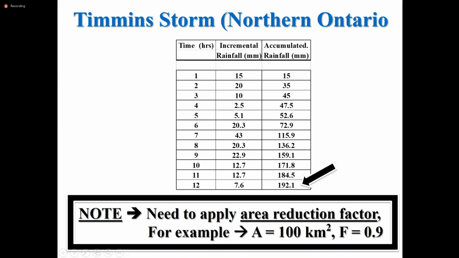That means if your watershed is 100 square kilometers, it will not receive 192.1 millimeters as in the book, but only 90% of it, which is 172 or 173 millimeters of rain. So the appropriate correction factor needs to be applied.